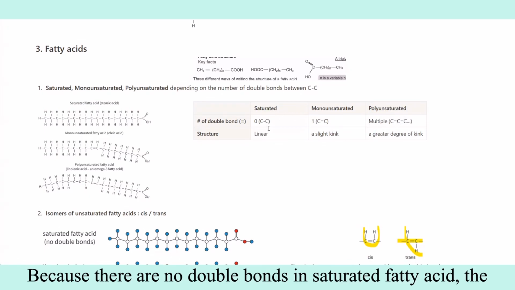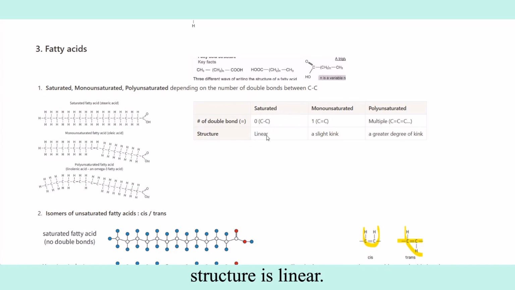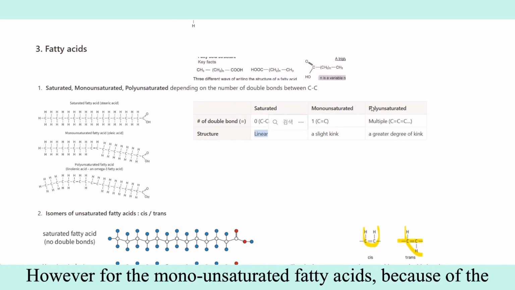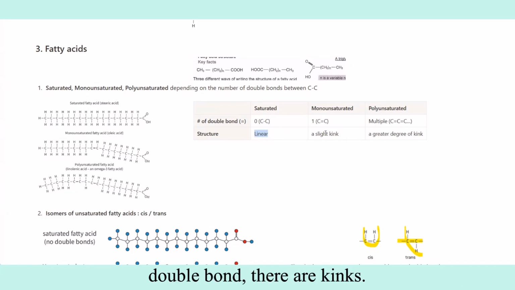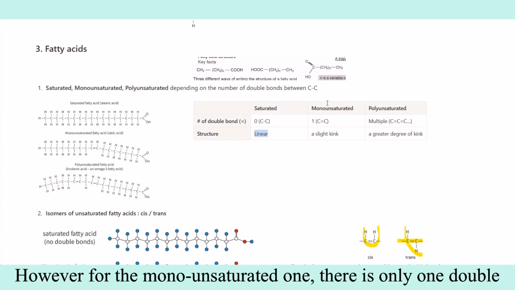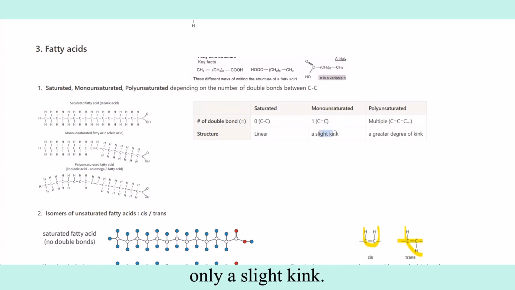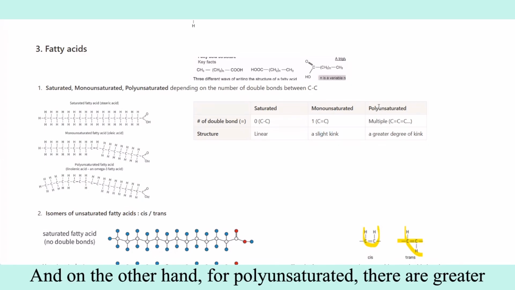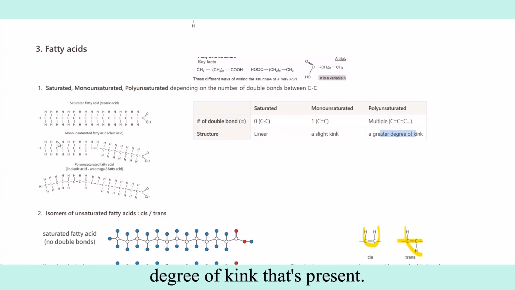Because there are no double bonds in saturated fatty acid, the structure is linear. However, for the mono and polyunsaturated fatty acids, because of the double bond, there are kinks. For the monounsaturated one, there's only one double bond, therefore there's only a slight kink. On the other hand, for polyunsaturated, there is a greater degree of kink present.